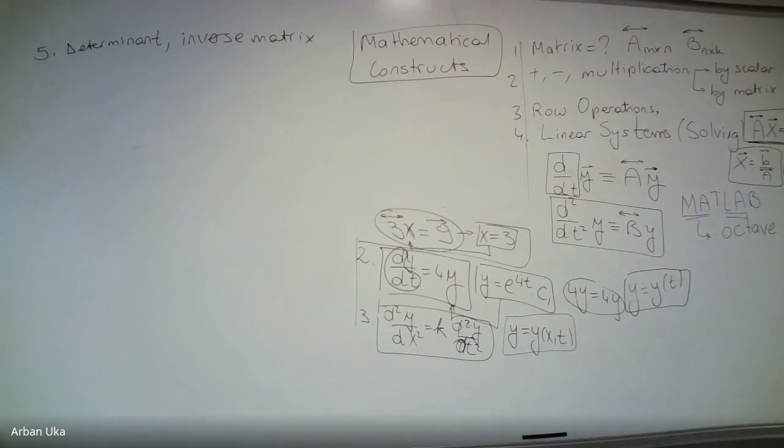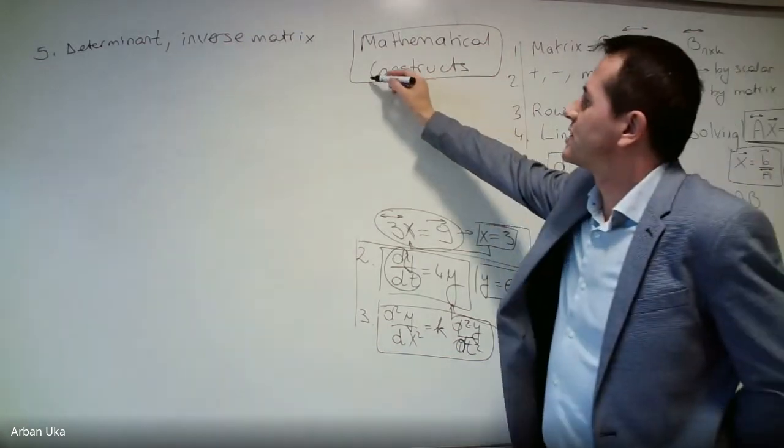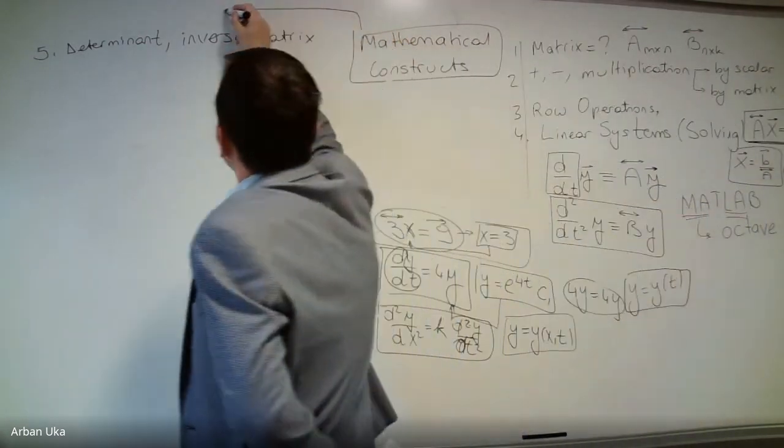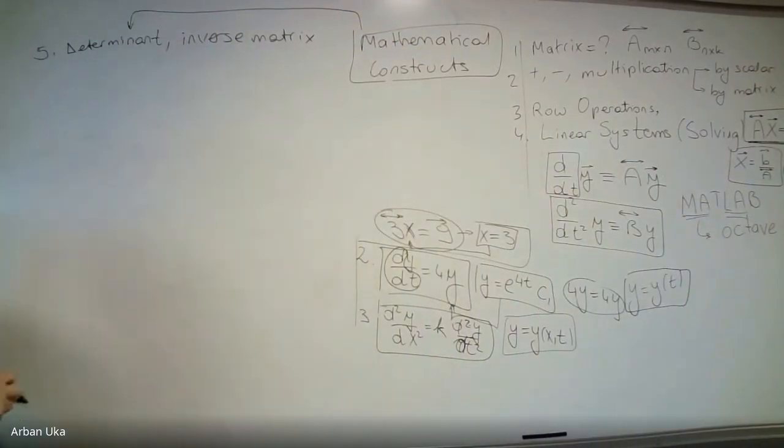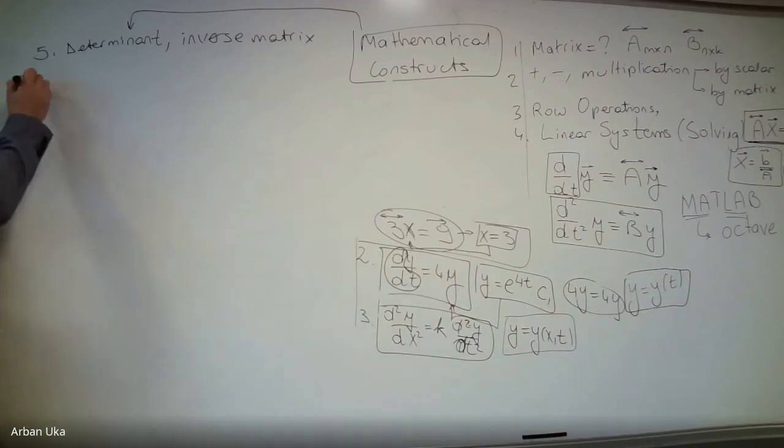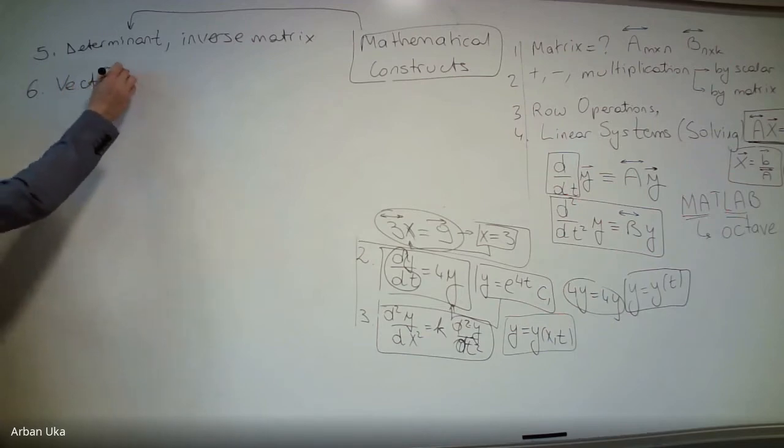As we're saying, these mathematical constructs have important parameters, which we're going to call determinants. And after these determinants, we're going to talk about vector spaces.